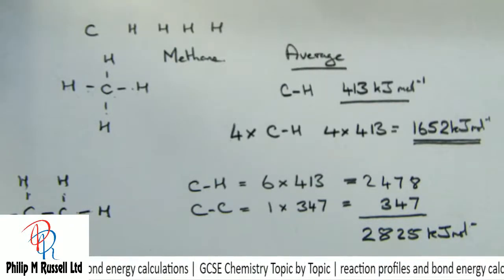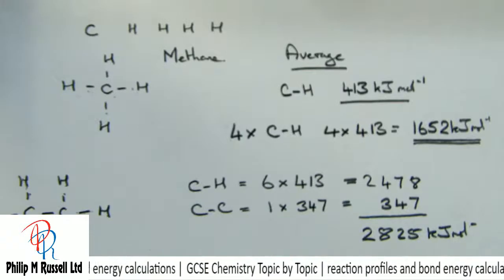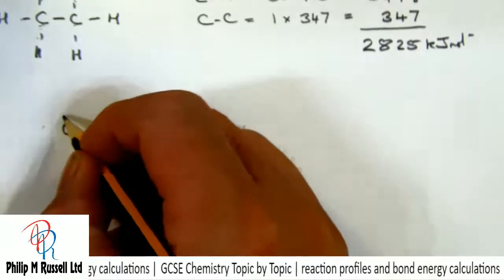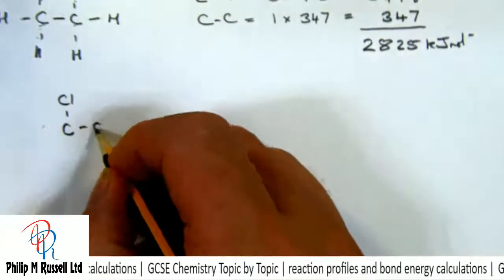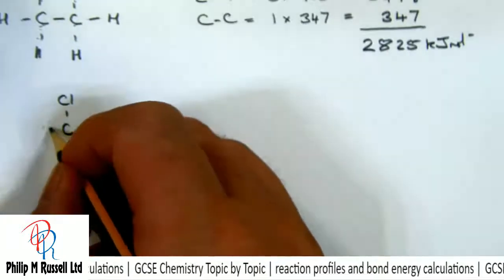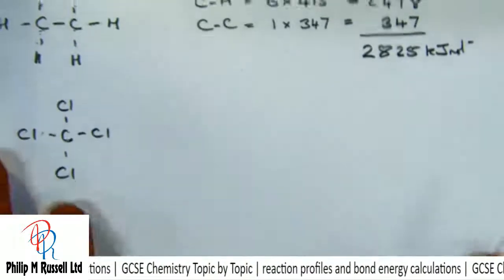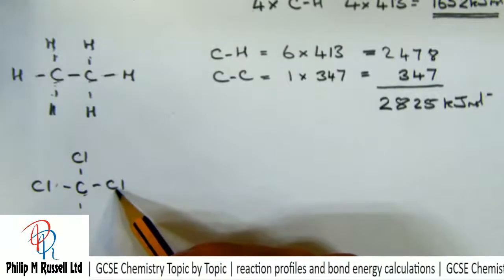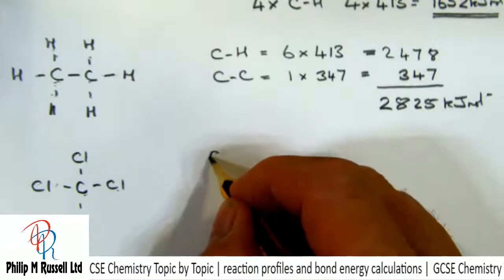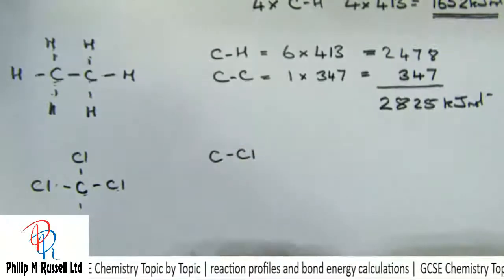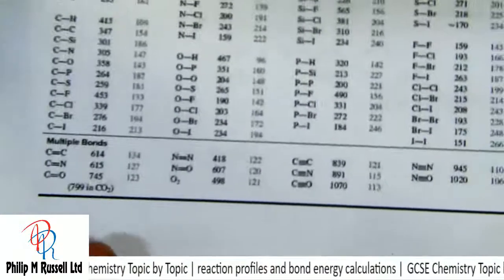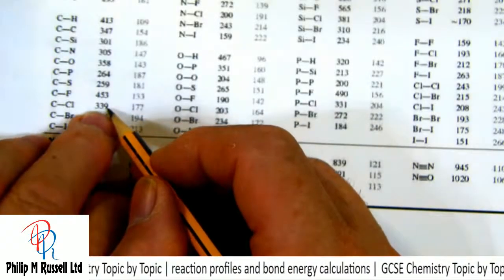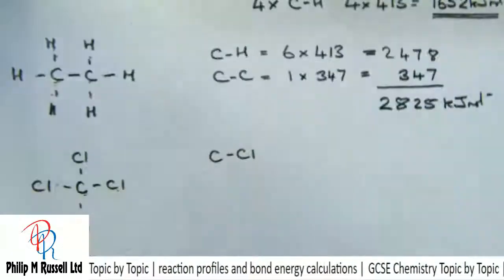Let's just have a look at a couple more of these chemicals to see what's going on. So let's look at a different chemical here, and this is carbon tetrachloride. This is like methane, except we've got 4 carbon chlorine bonds. So if I want to look up a carbon chlorine bond, then we simply take my little table, look up a carbon chlorine bond, 339.